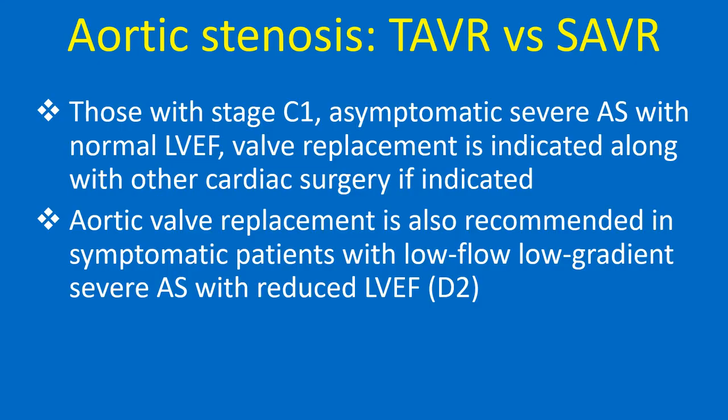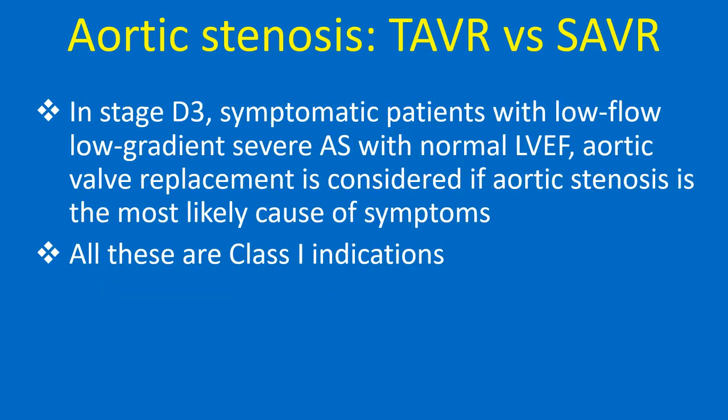Aortic valve replacement is also recommended in symptomatic patients with low flow, low gradient severe AS with reduced LVEF, D2. In stage D3, symptomatic patients with low flow, low gradient severe AS with normal LVEF, aortic valve replacement is considered if aortic stenosis is the most likely cause of symptoms. All these are class 1 indications.